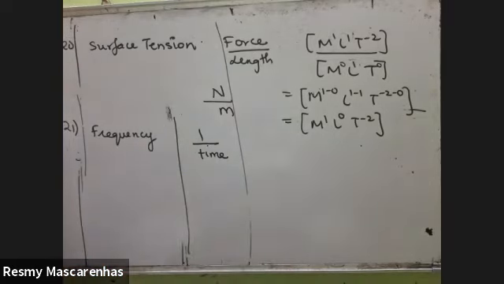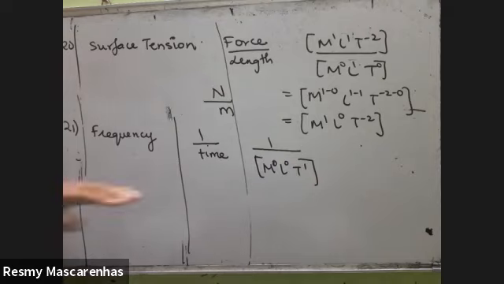So 1 upon time means this will be 1 only, and the time you put. We will never keep anything in the denominator as my final answer, so the whole thing will go up.